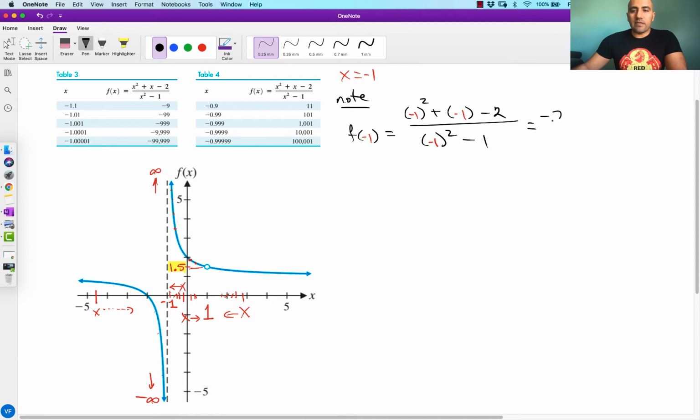So this becomes -2 divided by 0. When we have a case such as this, where the denominator is 0 and the numerator is not 0, that's when we're going to get a vertical asymptote.